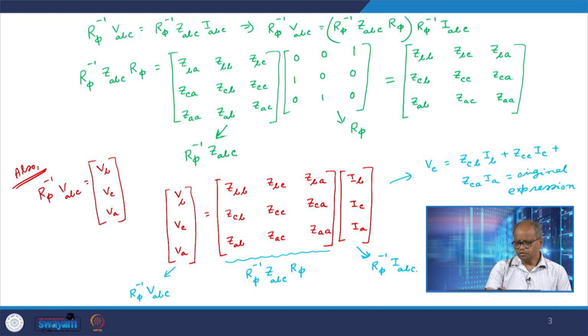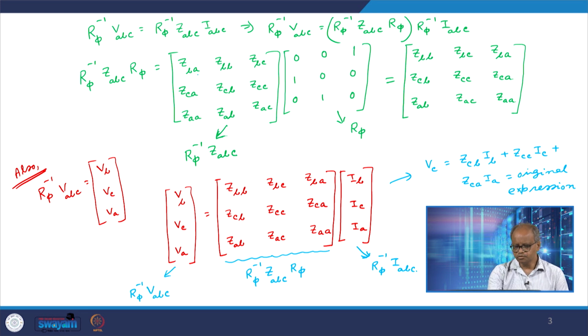What has happened by post-multiplying by R phi? This is the case for post-multiplication by R phi. This is the matrix R phi inverse Z ABC, and we are simply trying to post-multiply it by R phi.